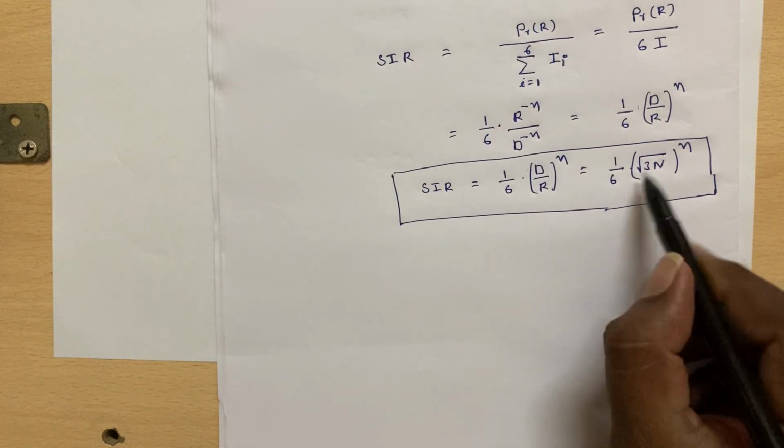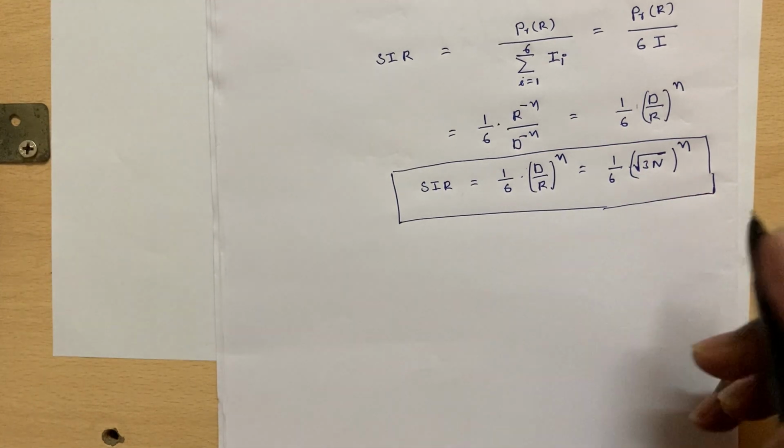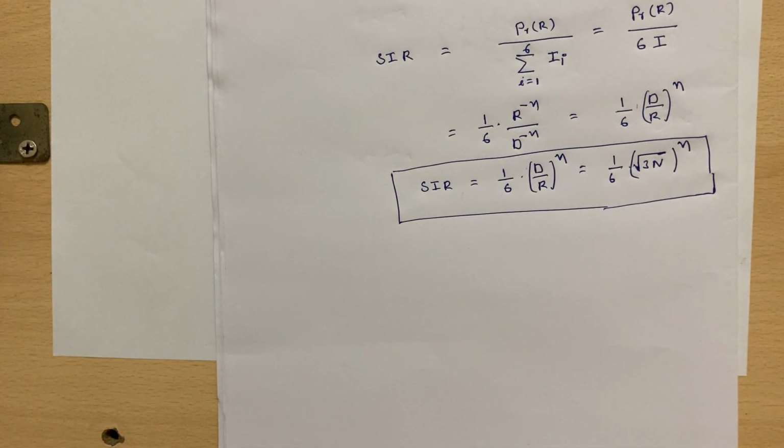And SIR is only depending on the reuse factor we choose. Of course, it is approximate analysis, more or less it will follow this. So the signal to interference ratio only follows the frequency reuse factor or cluster size.